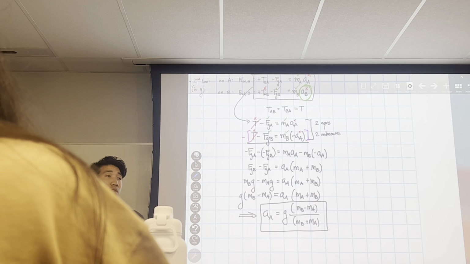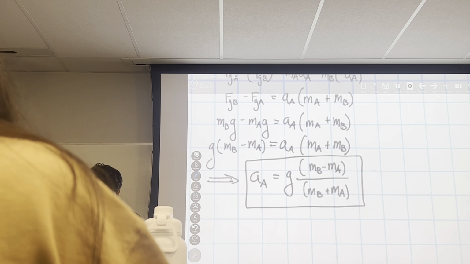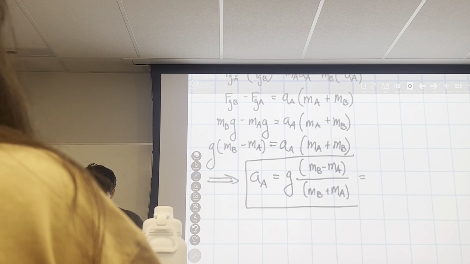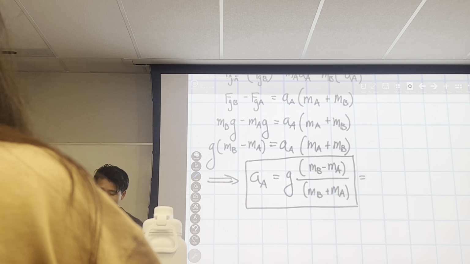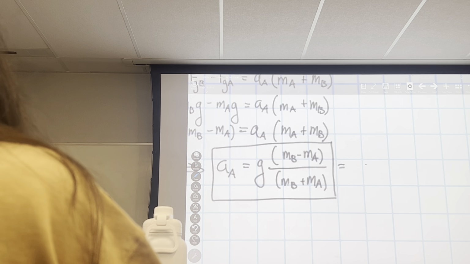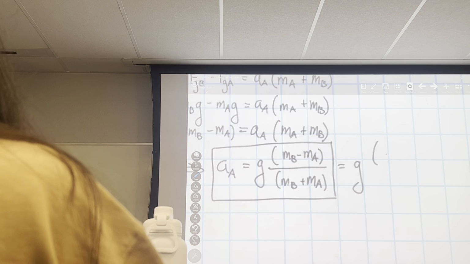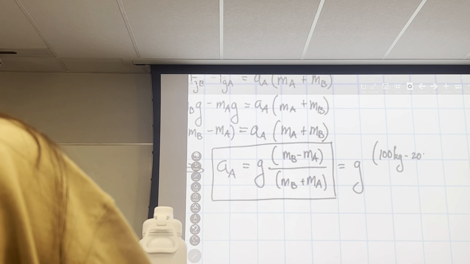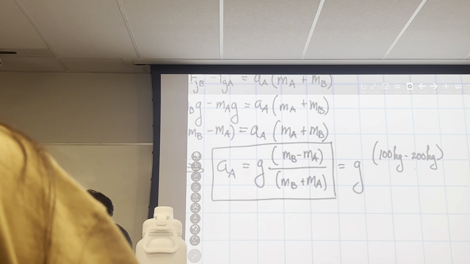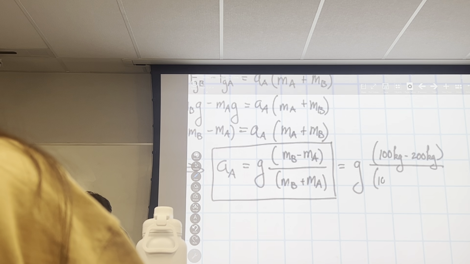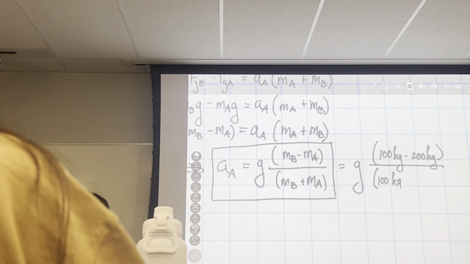Of course, for us, we can't just keep it algebraic, although that's what I would like to do, but we were given numbers. So this is going to be G times (100 kilograms minus 200 kilograms) divided by (100 kilograms plus 200 kilograms).